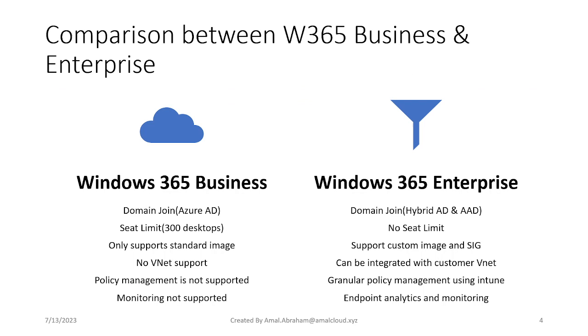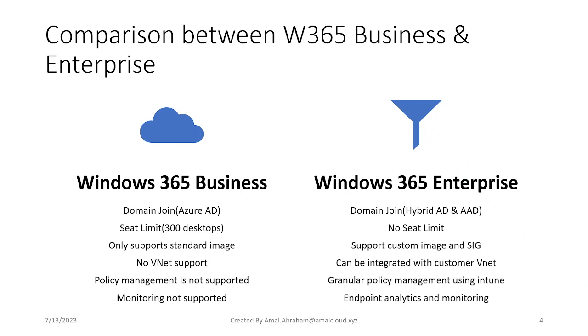Now, let us see the comparison between Windows 365 Business and Windows 365 Enterprise. Windows 365 Business is for small scale users. For example, if your total number of Windows 365 desktops is less than 300, then Windows 365 Business is the way to go. And if it is more than 300, then Enterprise will be the best suitable solution.